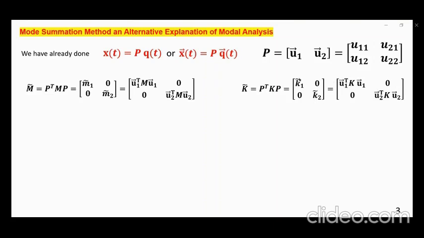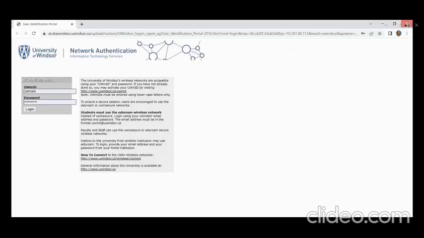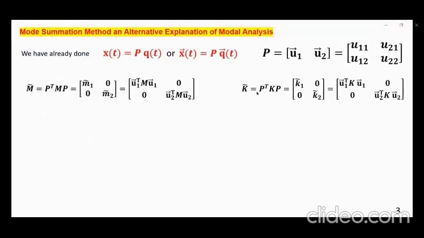So this is called the modal stiffness associated with mode 1, and the modal mass associated with mode 1, and the same thing with the other one, which are associated with mode 2.